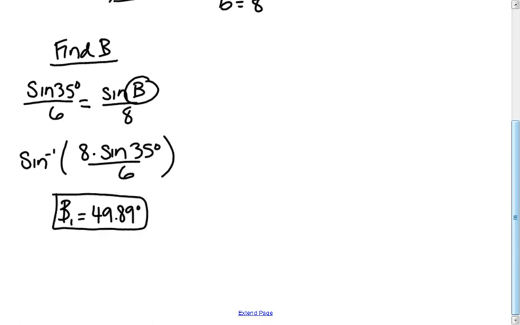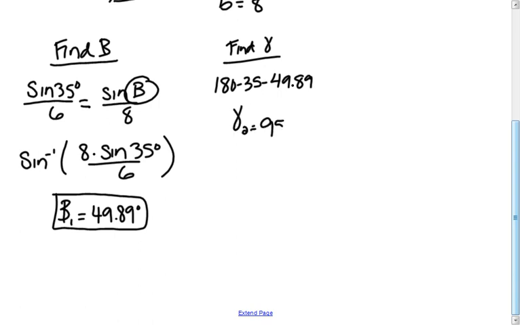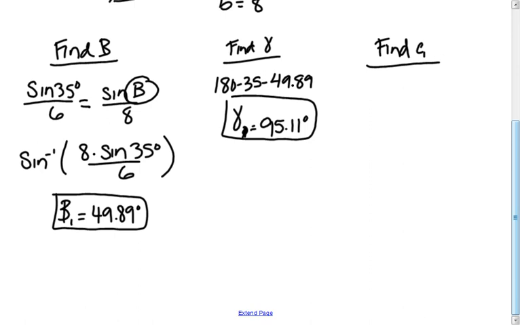Okay? And then you can find gamma, because there's 180 degrees in a triangle, so you'll be able to go 180 minus 35 minus 49.89, and gamma will come out to be 95.11. Okay, and then you're going to find side C. And I'm going to call this C1.